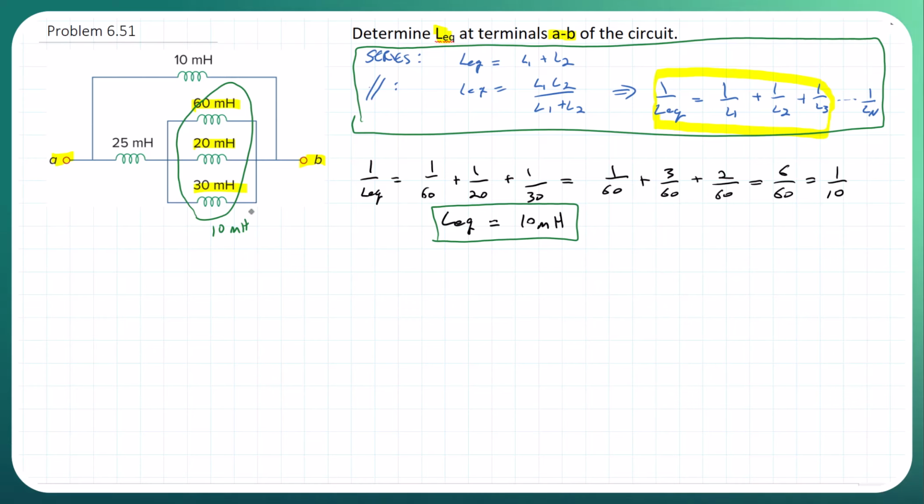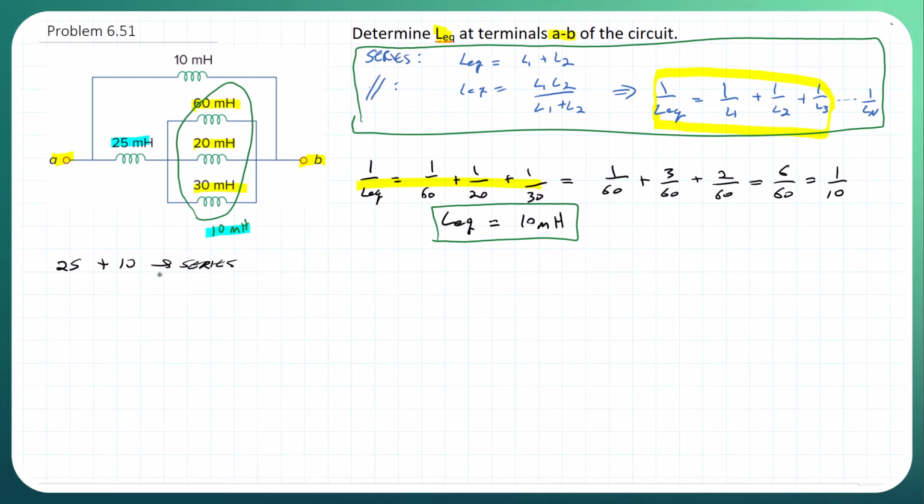Okay, so next we see that we can combine this 25 millihenries with this equivalent that we just came up with, because they're in series, and we simply add them together. So the first part was taking these guys that were in parallel, and the second part, we're going to take 25 plus 10 because they're in series.